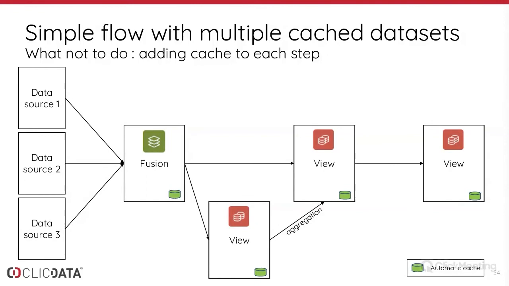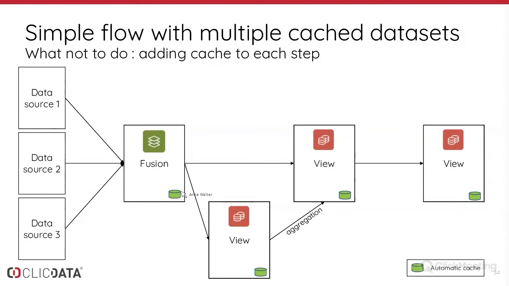So here we have a first example, which is a simple flow with multiple cache datasets. One of our customers came to us saying, I don't understand. This is taking a long time to update. Every time I update one of my sources, my last view always takes ages to be up to date. So what we can see here, we have 3 data sources flowing into one fusion, which is cache.